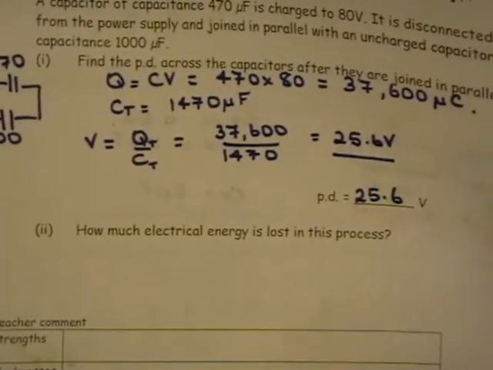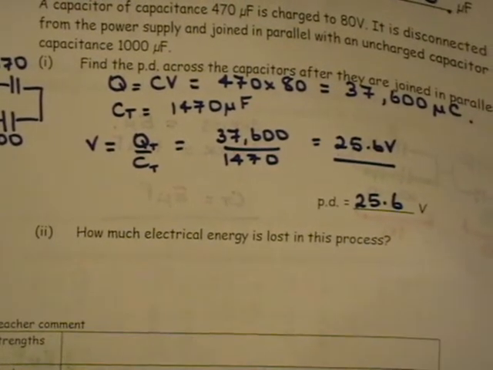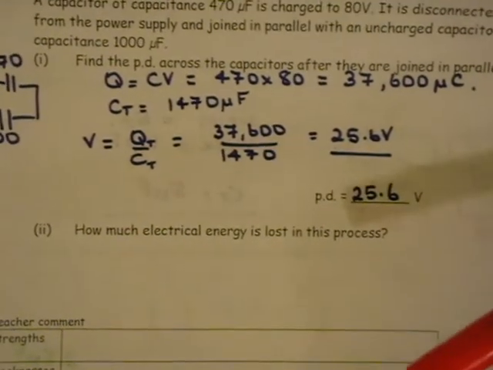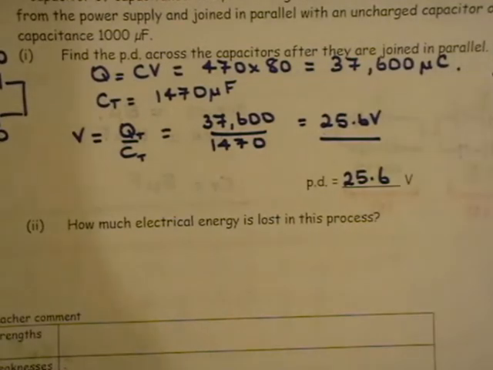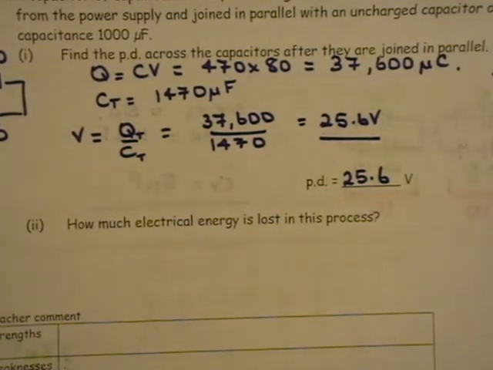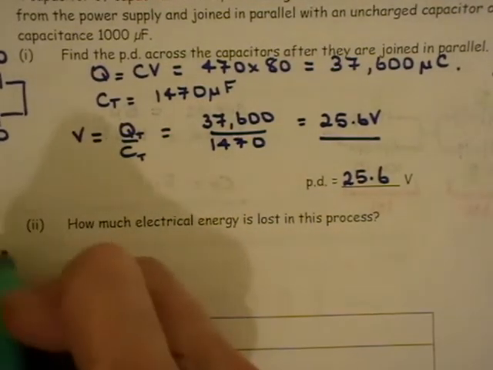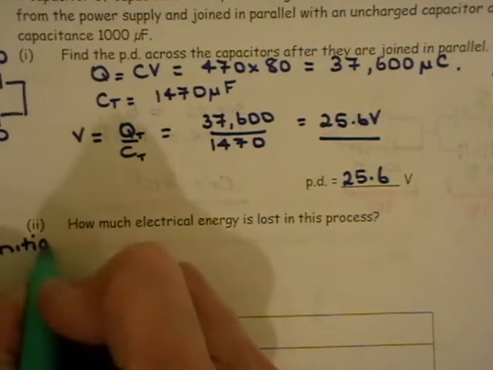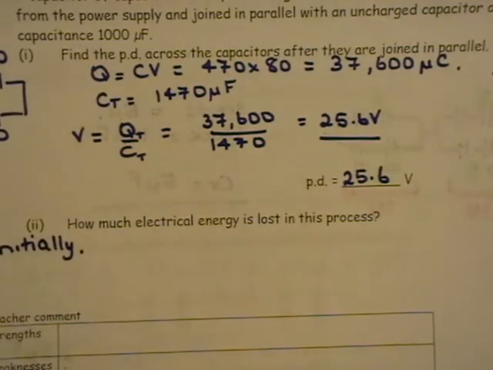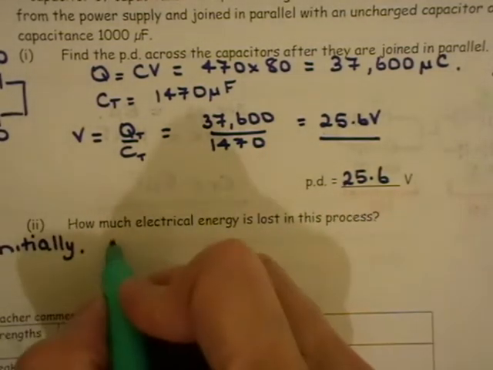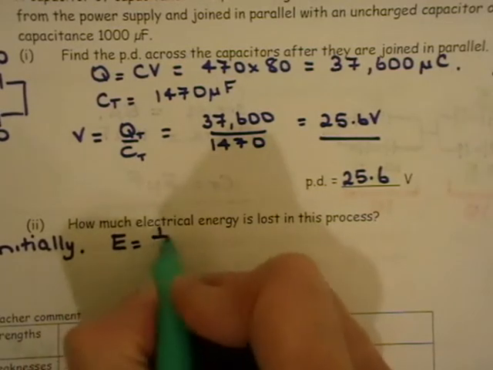Last part of the question, how much electrical energy is lost in this process? So you have to find the total electrical energy beforehand and take away the total electrical energy afterwards to find how much is lost. So initially, E is equal to half CV squared.